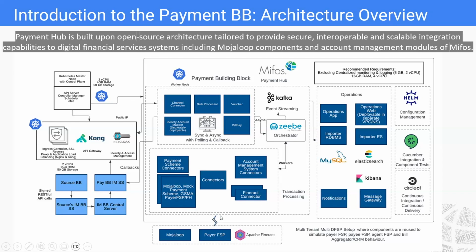One thing which we left over here was how this payment hub is able to communicate with the external systems. This block that you can see over here shows that via the connectors, the payment hub is able to communicate with the external parties, which are besides the building block infrastructure. So if any request comes from a source building block, it passes through the IMBB, which is the information mediator building block, and is stopped over here at the ingress control.